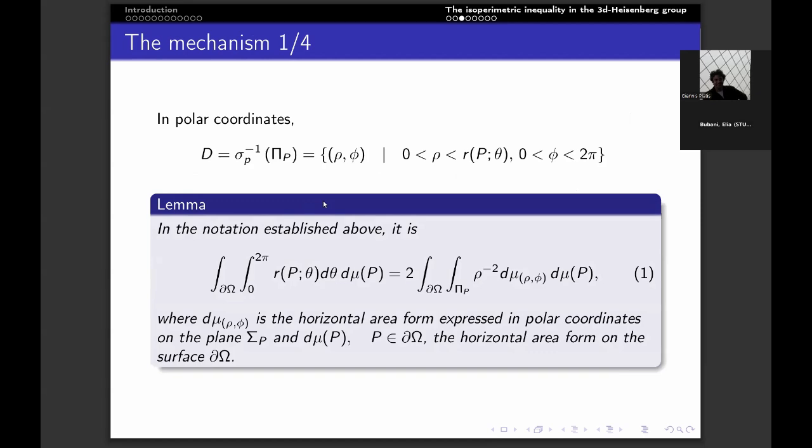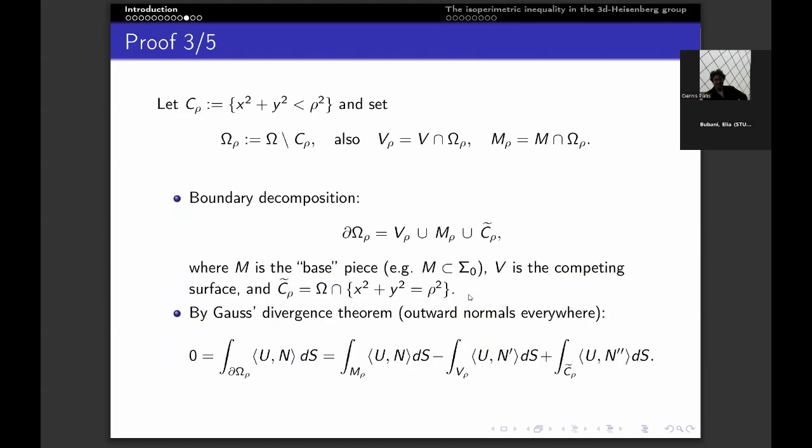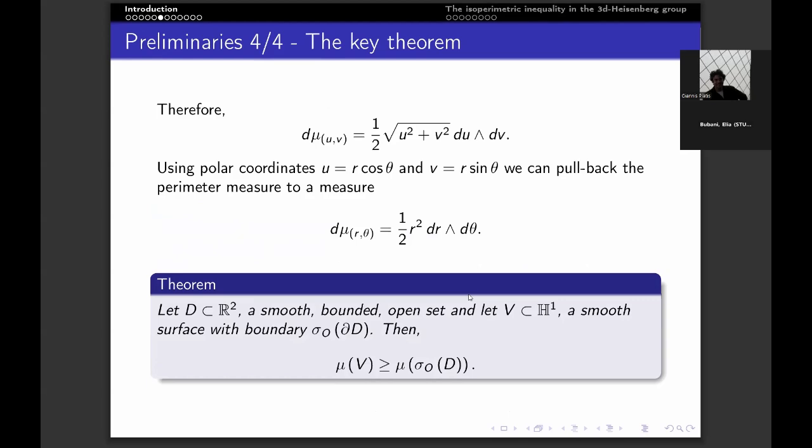And one of our lemmas says this, that in the notation established above, we have this equality of integrals here. In this integral, we have the horizontal area measure, which is expressed in polar coordinates, like this expression here.